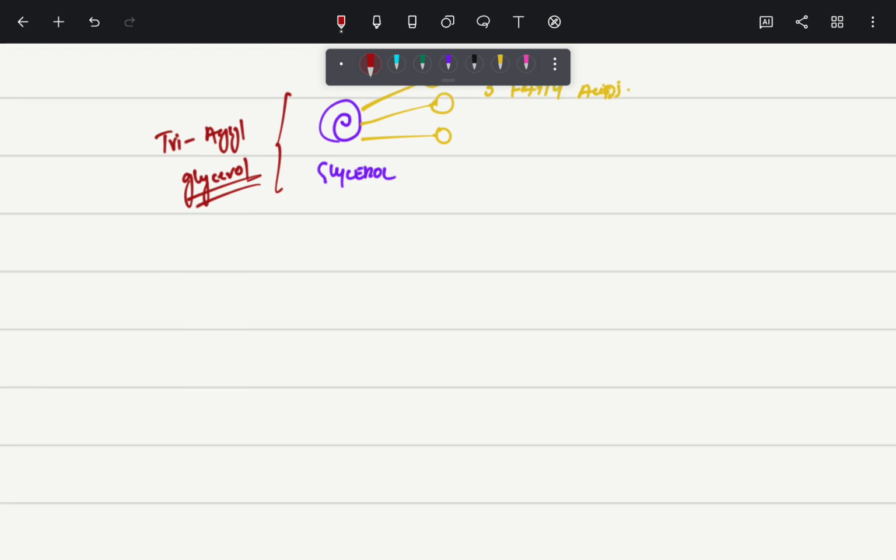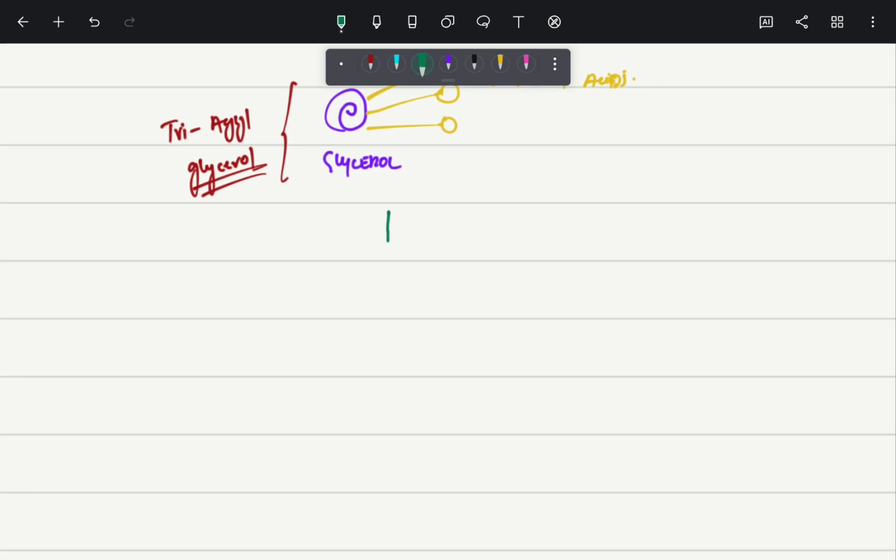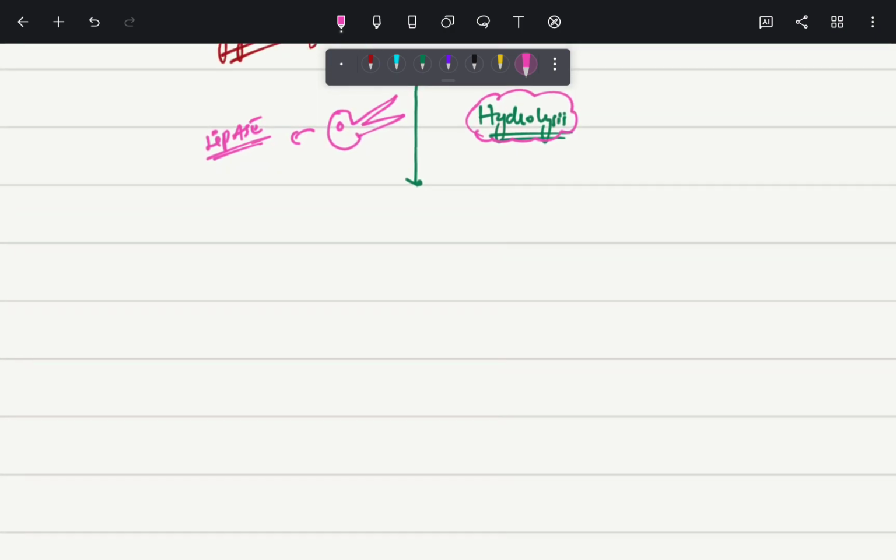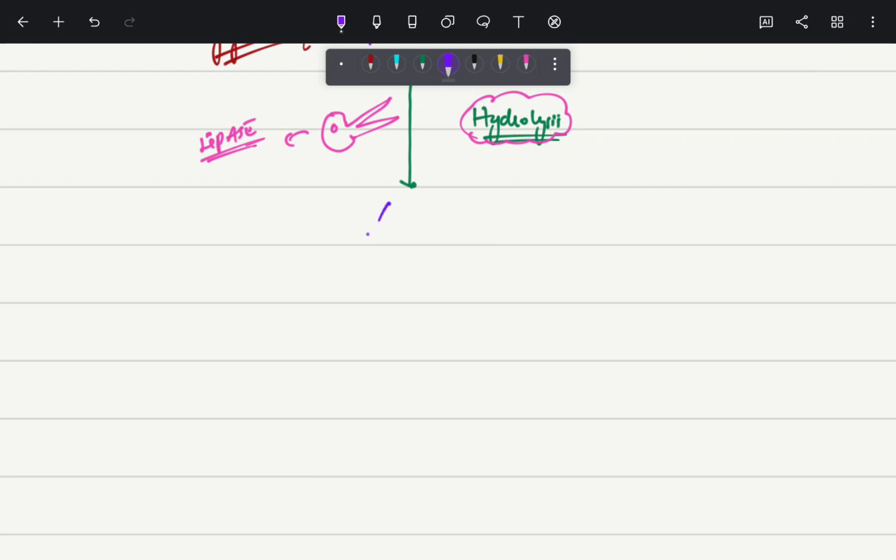Now if triacylglycerol undergoes hydrolysis, there is an enzyme which will cut it, and the name of this enzyme is lipase. Whenever the lipase cuts the triacylglycerol, it produces 2 components.